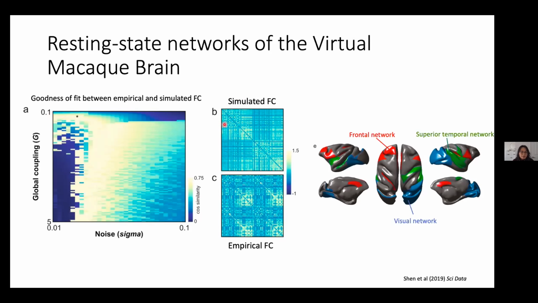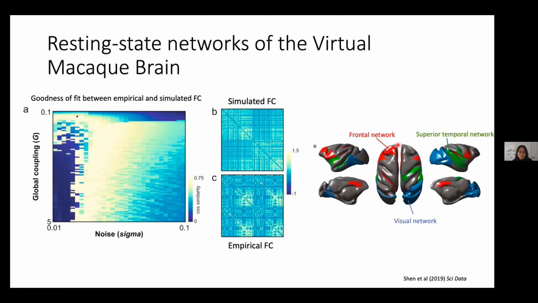And so panel B here shows the functional connectivity for that particular simulation as compared to the average empirical functional connectivity. And what we did was a principal components analysis extraction of the simulated time series, to see if we can essentially simulate known resting state networks.